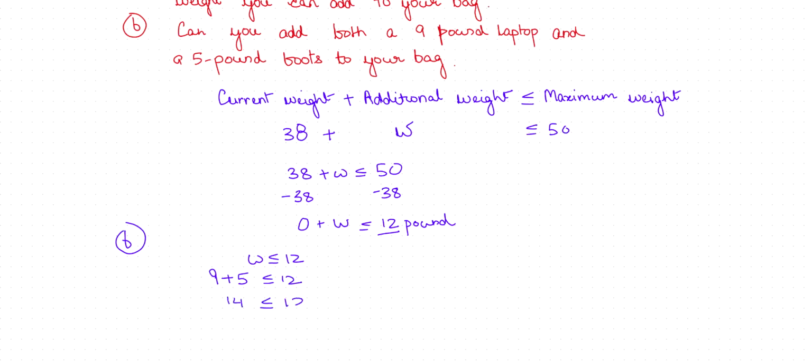So we cannot add both the laptop and the pair of boots without going over the limit. But we can always add either the laptop or the boots, because 9 is less than 12 and 5 is also less than 12. So we can add either of these, but not both.